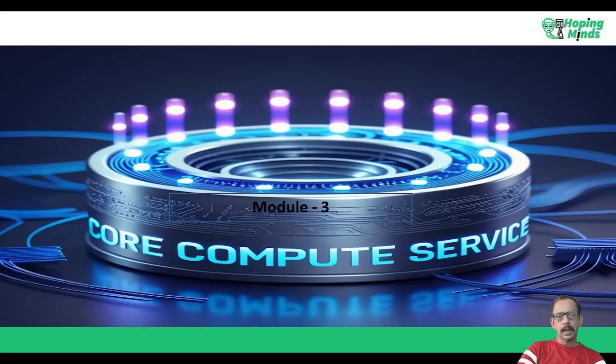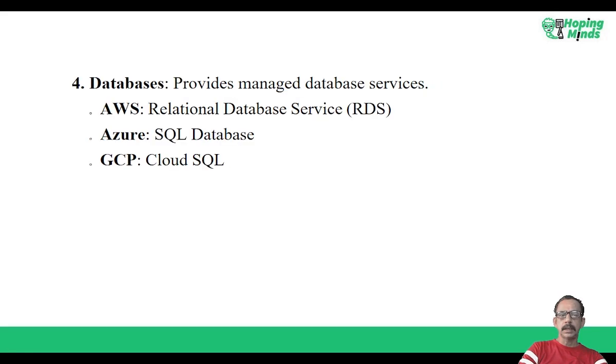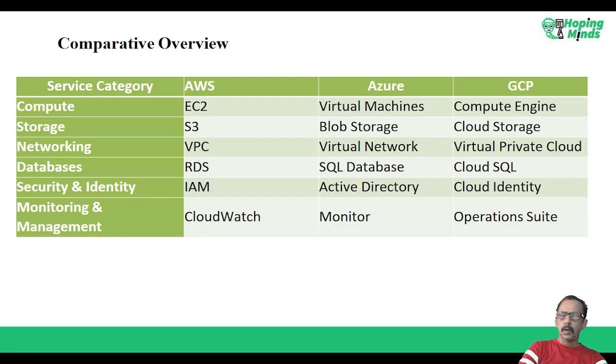So hello everyone. In our module 3, we discuss core compute services. Here we discuss all the services: compute category, storage category, then networking, database. We discuss all the categories and what the features of those are.